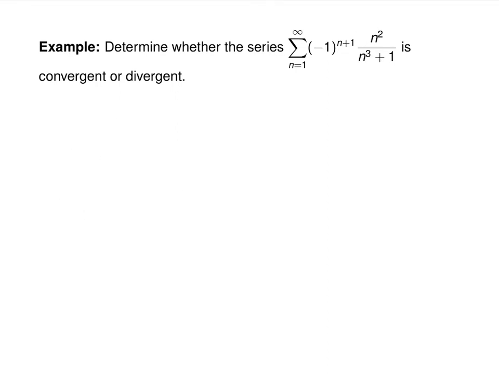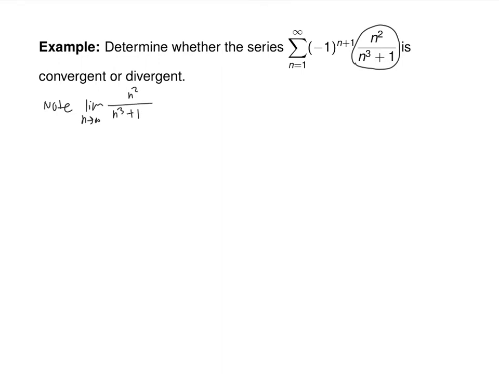All right, much like the integral test, it is not obvious that these terms are decreasing if you have variables in both the numerator and denominator. So we're going to have to use a derivative to prove that part. But before we do that, let's make sure that the limit of those terms is 0. So first note the limit as n goes to infinity of n squared over n cubed plus 1.